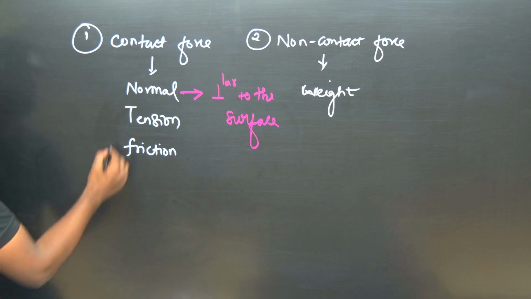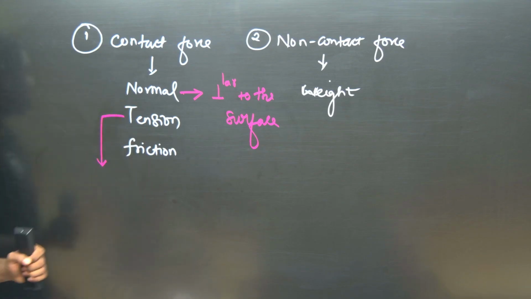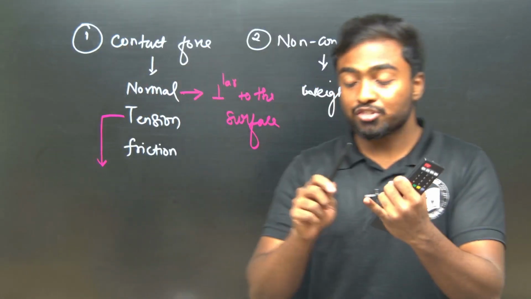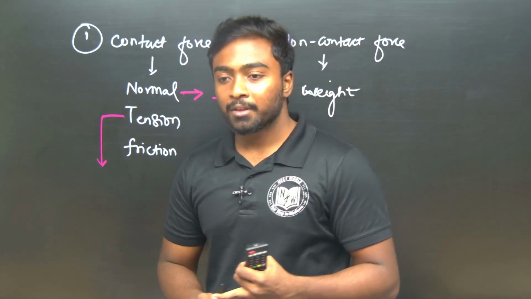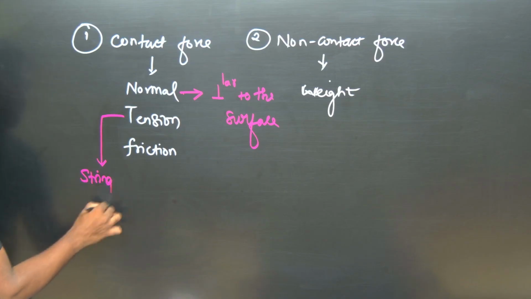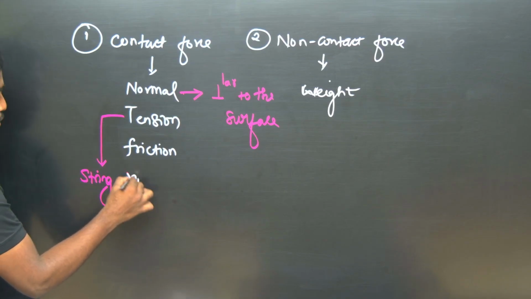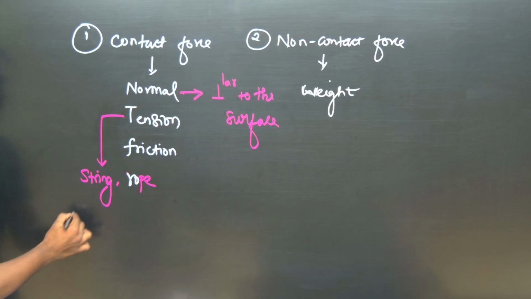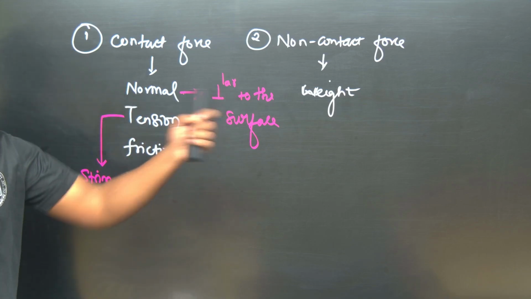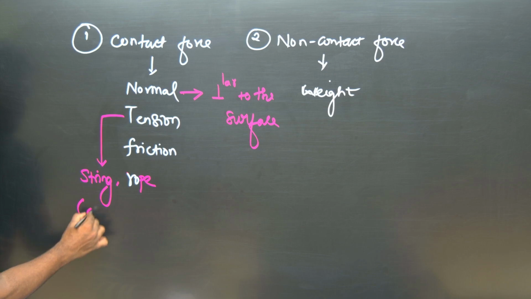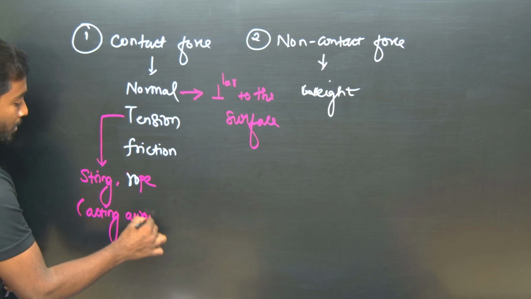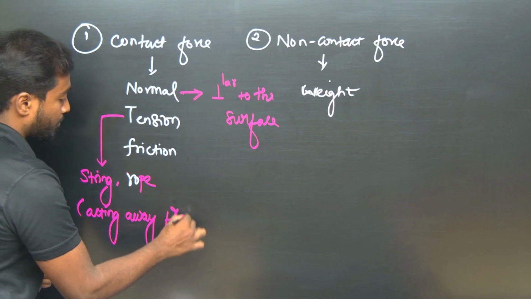When I am talking about the tension, it acts when I am handling a string or a rope. So how will a tension force be acting? It is acting away from the body.